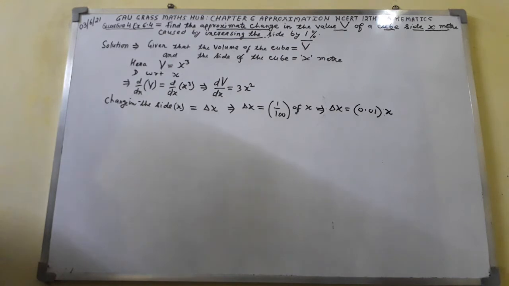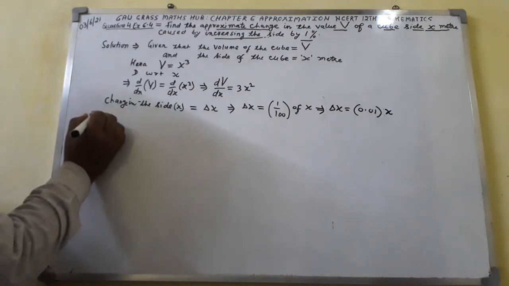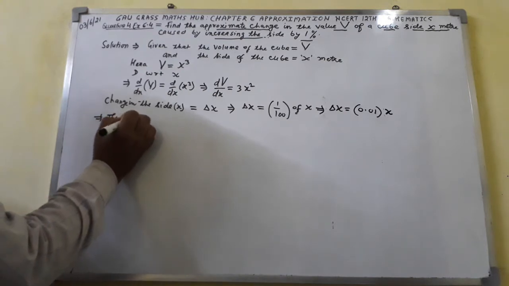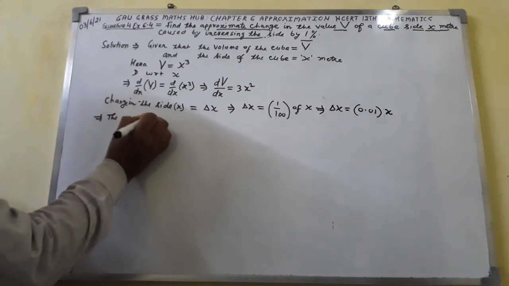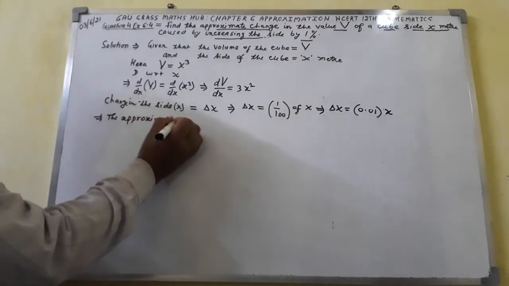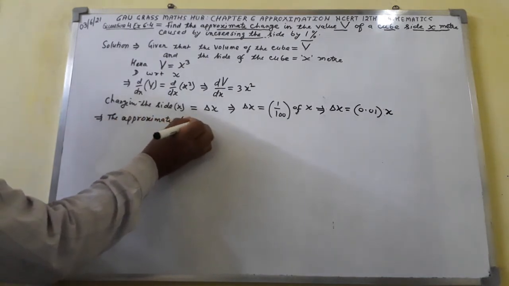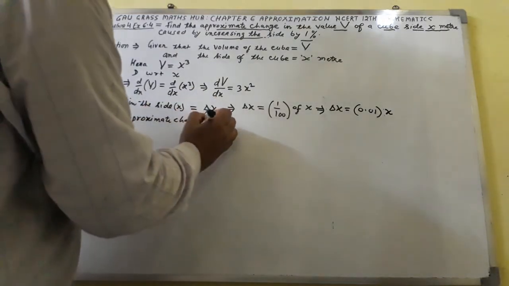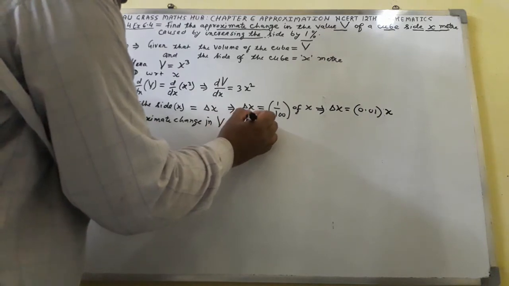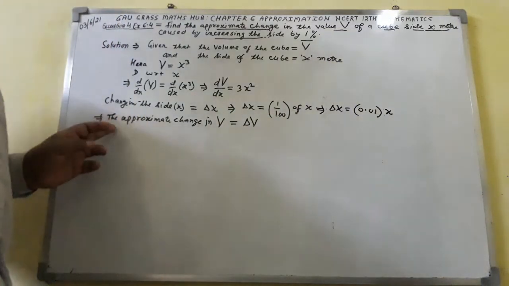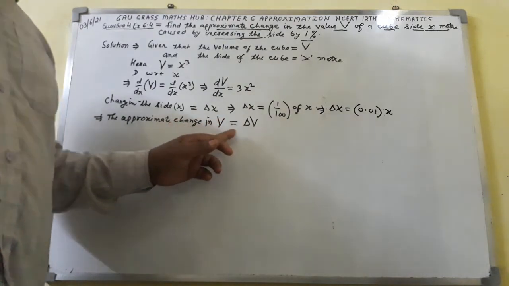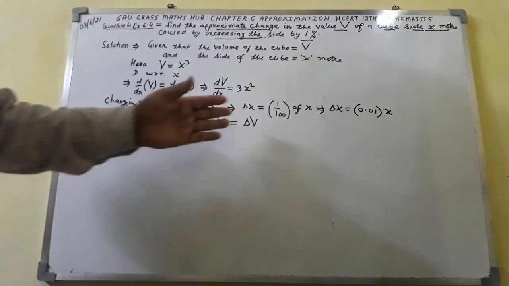The approximate change in capital V is equal to delta V. The approximate change in volume V is equal to delta V. So apply the formula here.